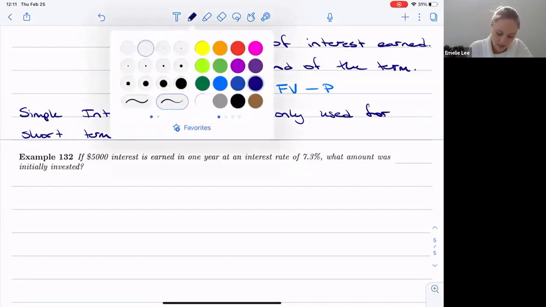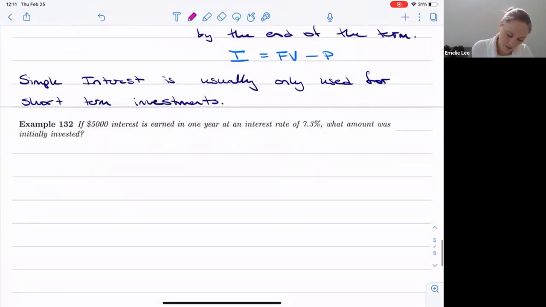I'm going to break this down and highlight what each of these things are. Here, that looks like the amount of interest to me, which we denote by a capital I. It was invested for 1 year. Remember, T we use for time, and T is in years, so T equals 1.